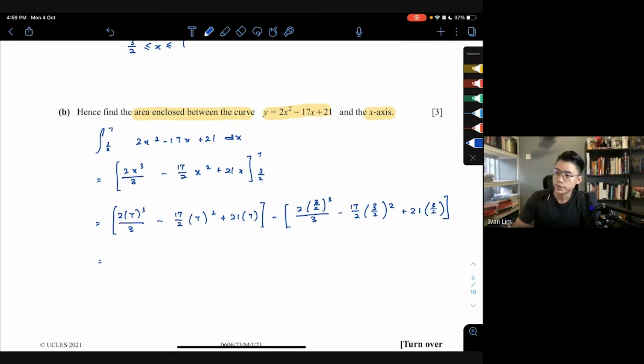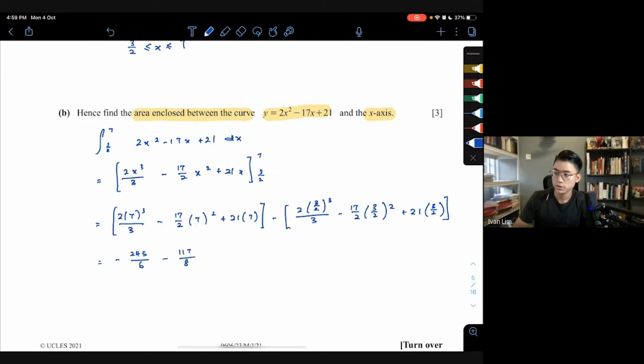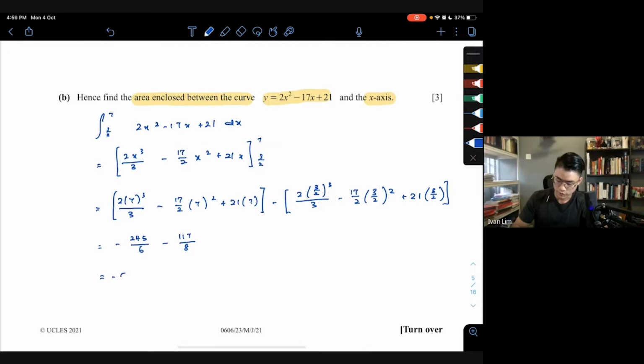First bracket, you will get minus 245 over 6, minus 117 over 8. You will get negative 55.5.